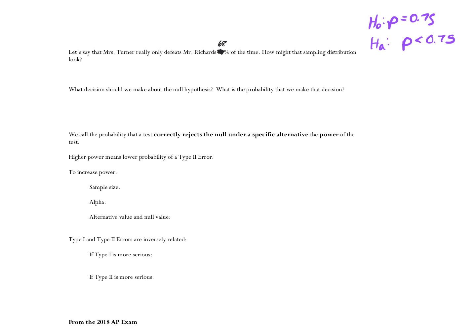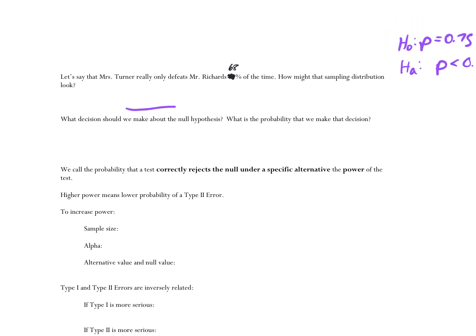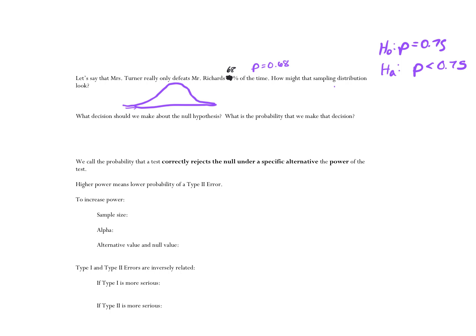Okay. You guys, let's say she really only beats him 68% of the time. So in other words, now we're going to pretend that p is equal to 0.68. And you guys, if p is equal to 0.68, should I reject or fail to reject?